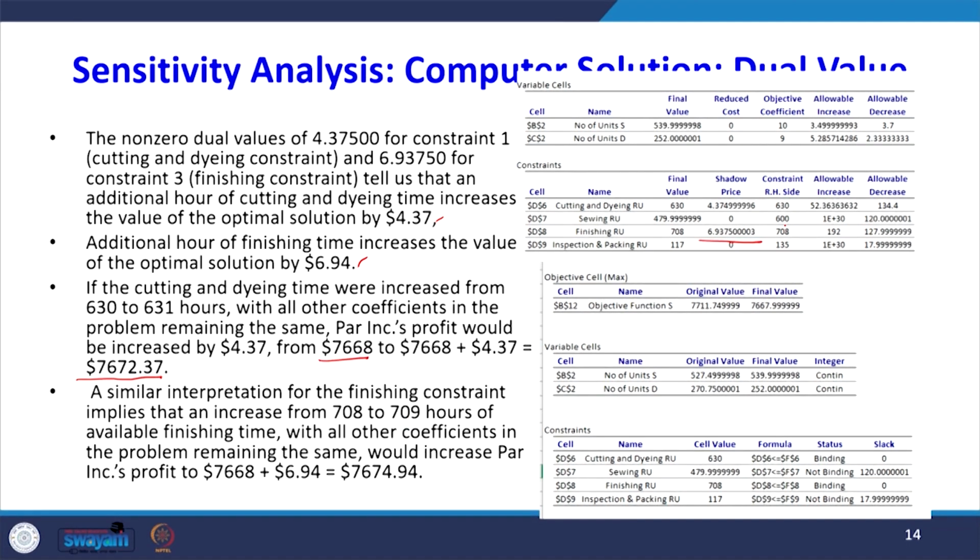If you add one additional unit in that department, with all other coefficients in the problem remaining the same, the profit increases to 7,674.94. This is the interpretation of the dual value.